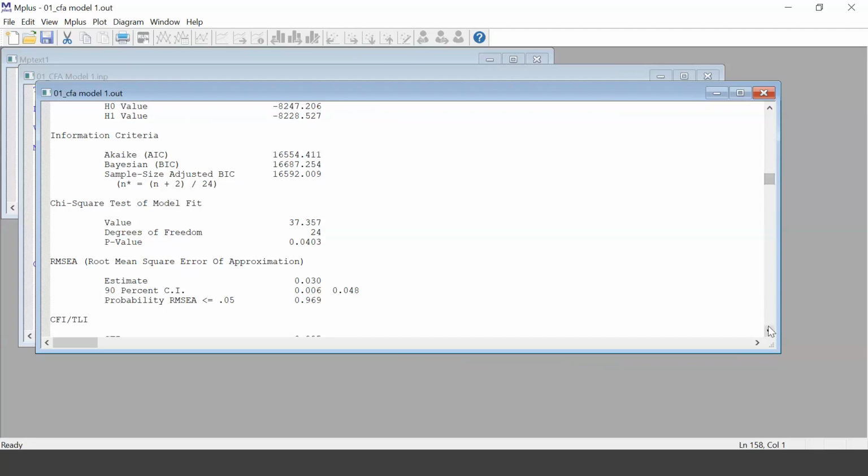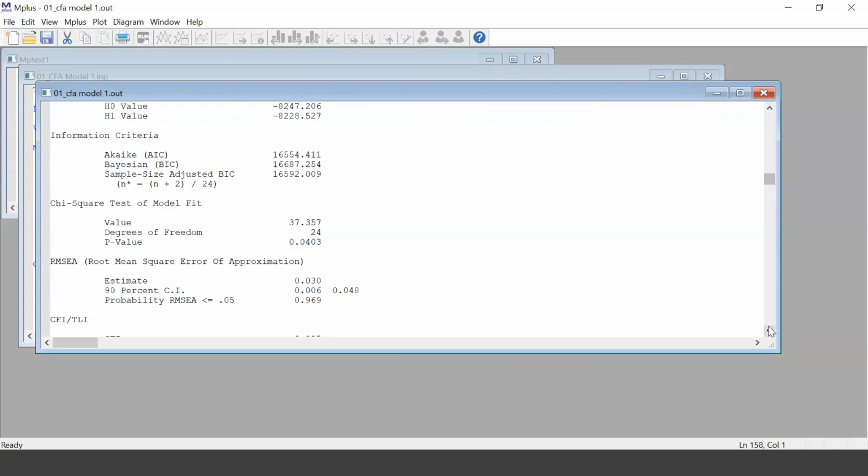And remember that the chi-square is going to be influenced by sample size. So when we have a large sample size, we have lots of power to detect even very, very small deviations between the model implied variance covariance matrix and the variance covariance matrix.